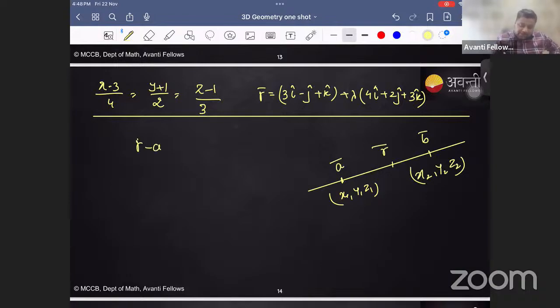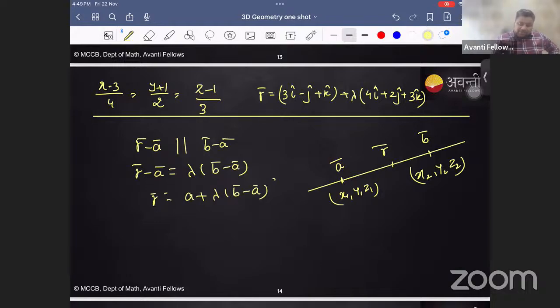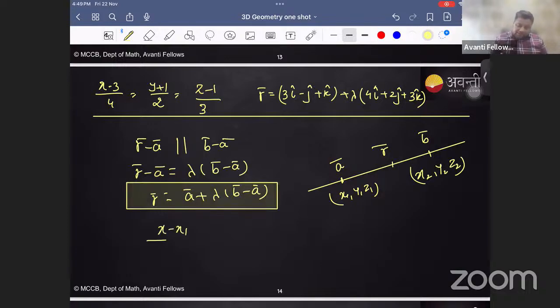So R minus A will be parallel to B minus A. So R minus A is lambda times B minus A, so R is A plus lambda times B minus A. If you want to write this line equation in 3D form, it will be (x minus x1) upon (x2 minus x1) is (y minus y1) upon (y2 minus y1) is (z minus z1) upon (z2 minus z1).